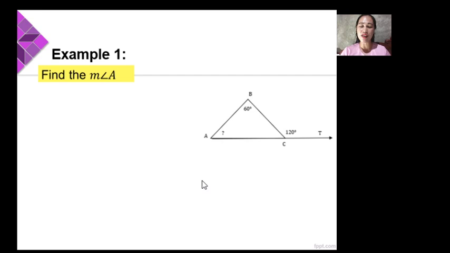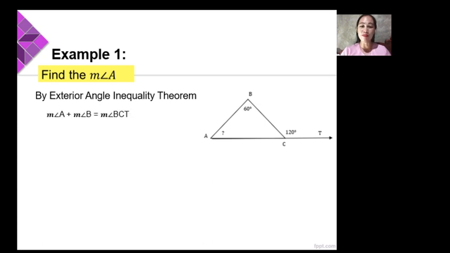So we have there a triangle ABC with angle BCT as the exterior angle. Angle B and angle A are the remote interior angles. Angle B measures 60 degrees. To find the measurement of angle A, we will use the exterior angle inequality theorem.